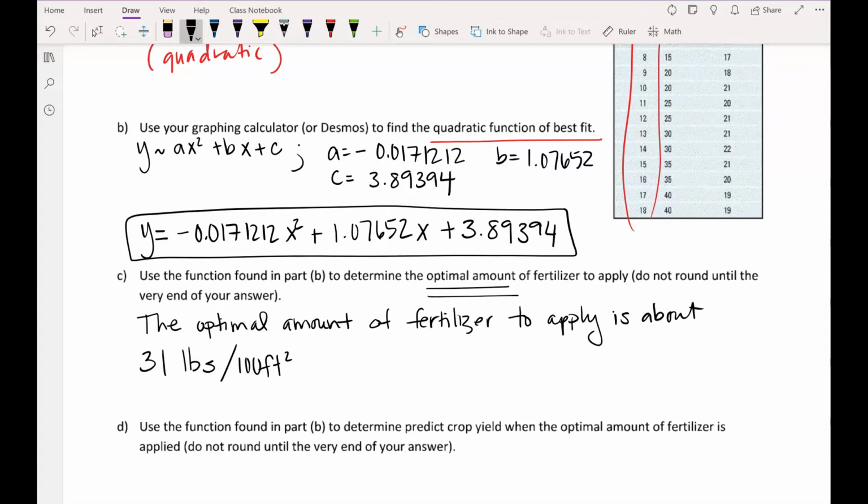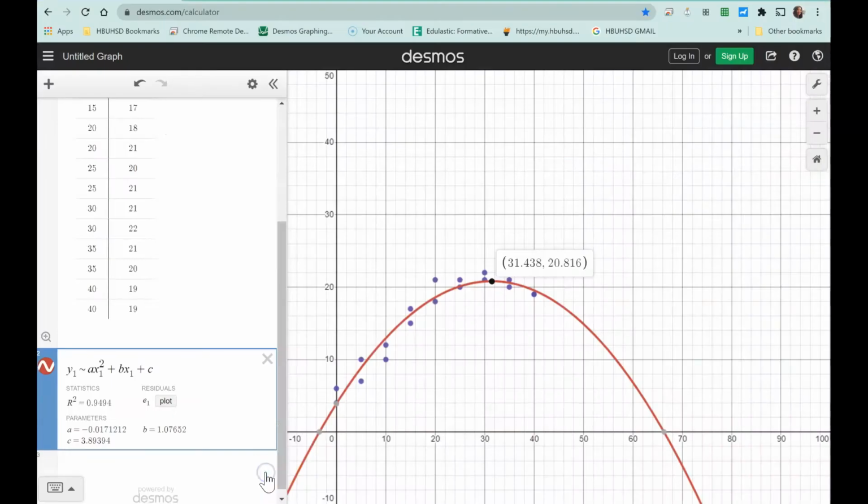Now, part D says use the function found in part B to predict the crop yield when the optimal amount of fertilizer is applied. So that means we're looking for the Y value, right? So let's go back and see the Y value. The Y value when about 31 pounds of fertilizer is used is about 20.816. And again, because the data is giving us whole numbers, we're going to round that to about 21, okay, bushels.